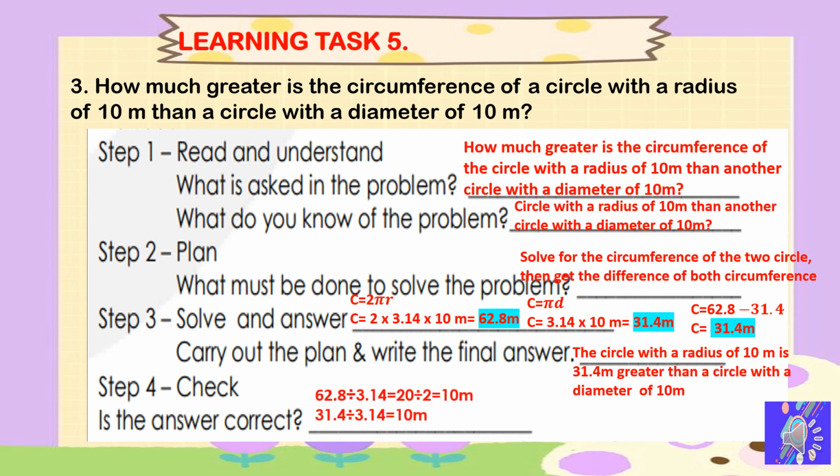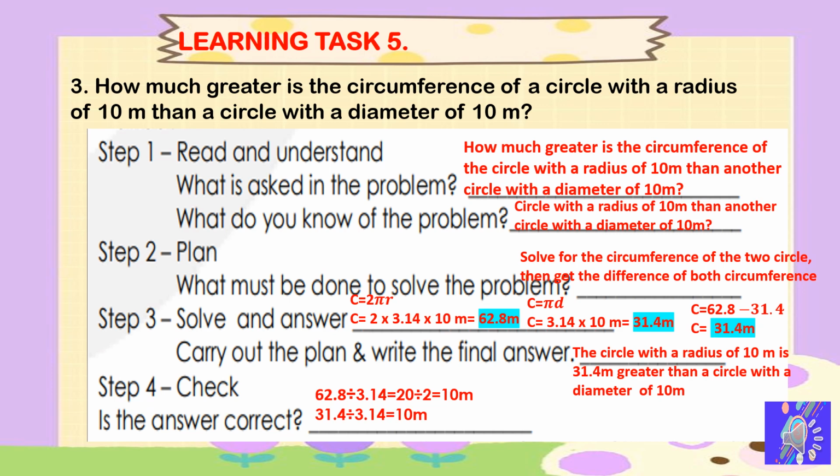If we are going to check your answer, then we will go backward. But we have to solve first for the first circle. The circumference is 62.8. So we divide it by 3.14, which is the value of pi. The answer will be 20.